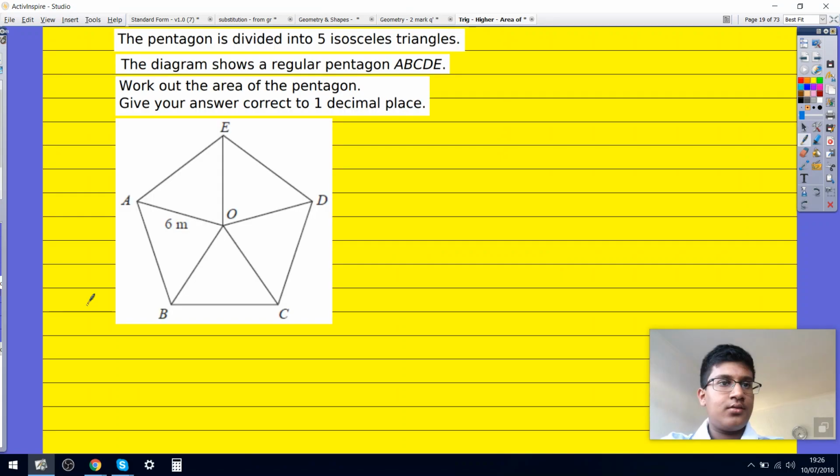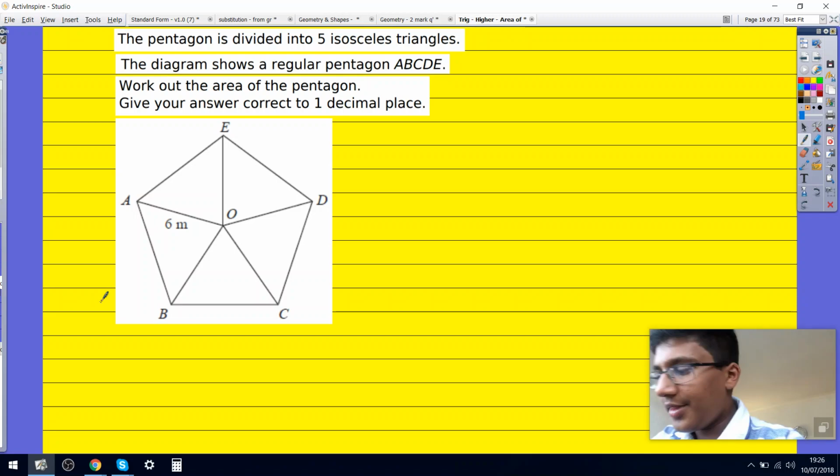Okay. Work out the area of the pentagon. Okay, so I'll draw that pentagon.